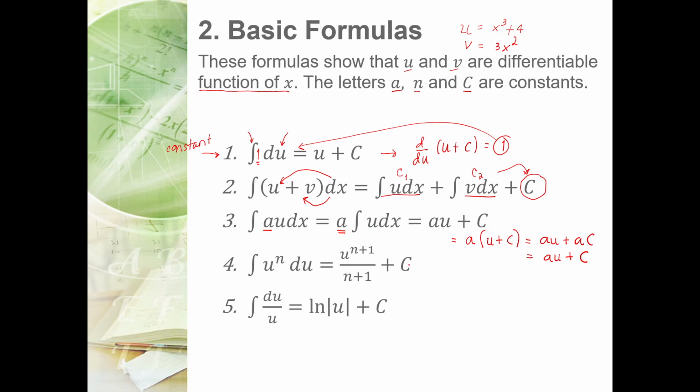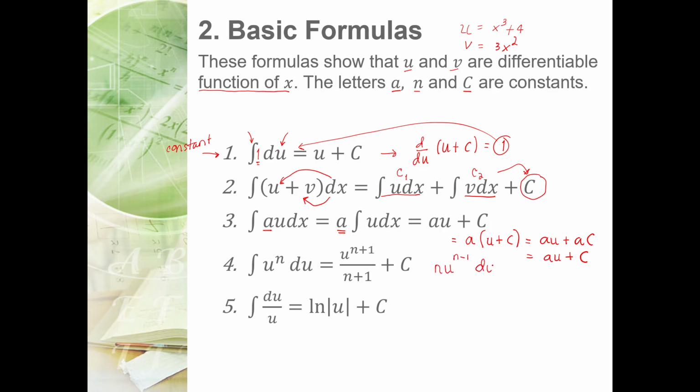So the fourth formula is the exponent rule of integration, or the power rule of integration. It's just the reverse of the power rule in derivatives. Your derivative is n u to the n minus 1 du.